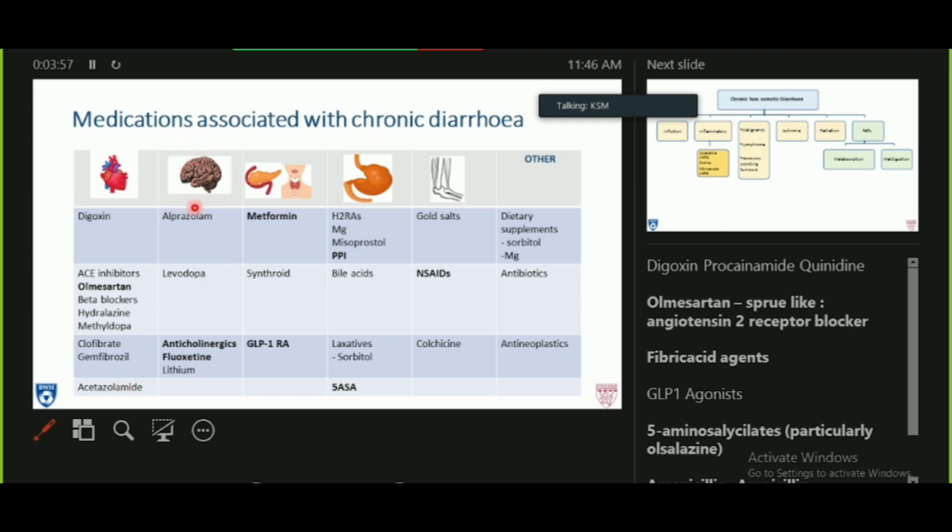The CNS medications, particularly the SSRIs, selective serotonin reuptake inhibitors like fluoxetine, and anticholinergics have been linked to profuse watery diarrhea such as microscopic colitis, and all of us are familiar with patients on metformin who complain of diarrheal symptoms. Thyroxine, as we all know, can also lead to diarrhea, as can some of the newer GLP-1 receptor agonists, which are used for the treatment of diabetes and also obesity.